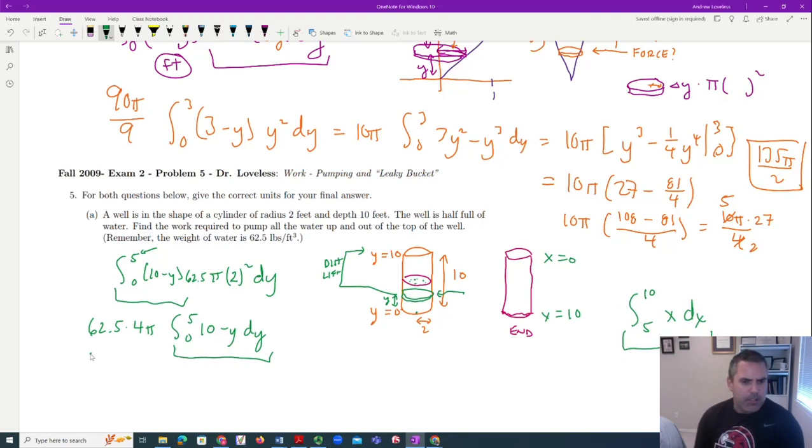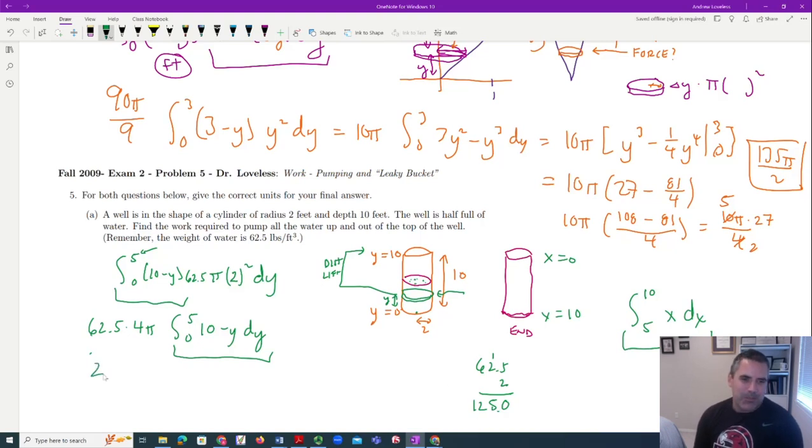Okay, this is going to be, what is 62.5 times 2? If we're going to do times 4, times 2 sounded easier in my head. This is going to be 5. Great. This is going to be 1250. So if you double it, is it 2500? Oh, not 1250. 125.